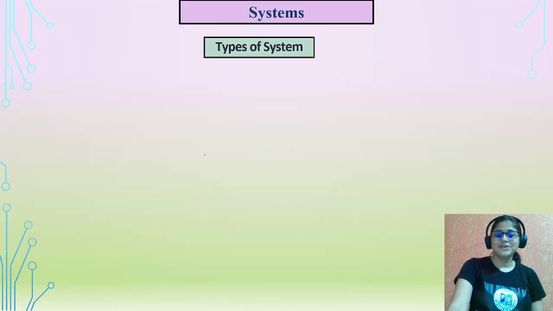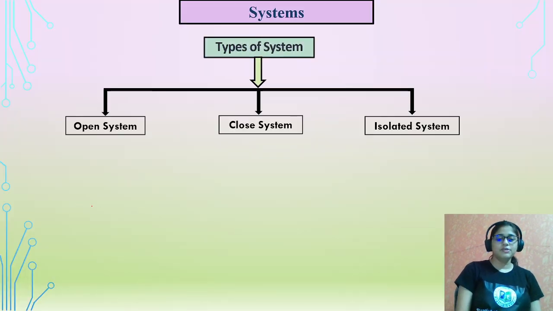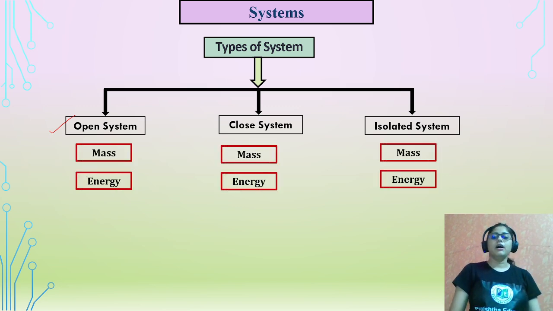Okay, so now types of system. Open system, we have talked about the open glass of coffee mug, and closed system and isolated system, right? So two parameters are there, mass and energy. For the open system both are exchanging with surroundings. Okay, tick and tick.